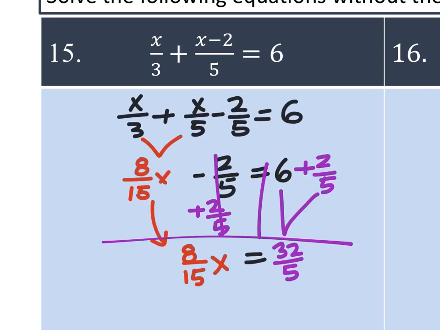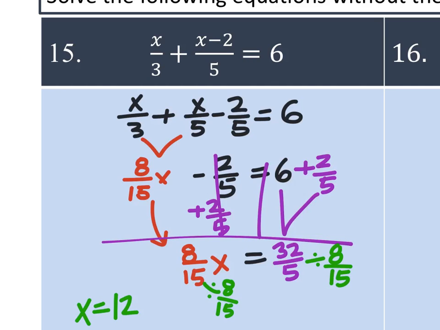And then, I don't want 8/15 of an x, I want a 1x, right? So I'd say, well, divide this by 8/15. And also divide this by 8/15. And let's see, what do we get on that? 4 and 3 is 12. Looks like x equals 12.